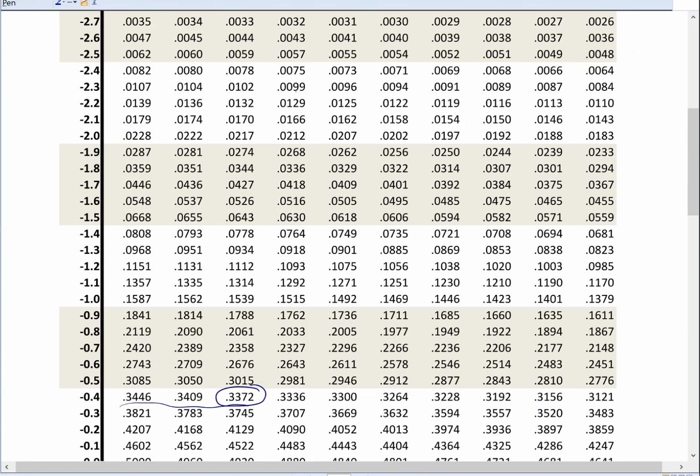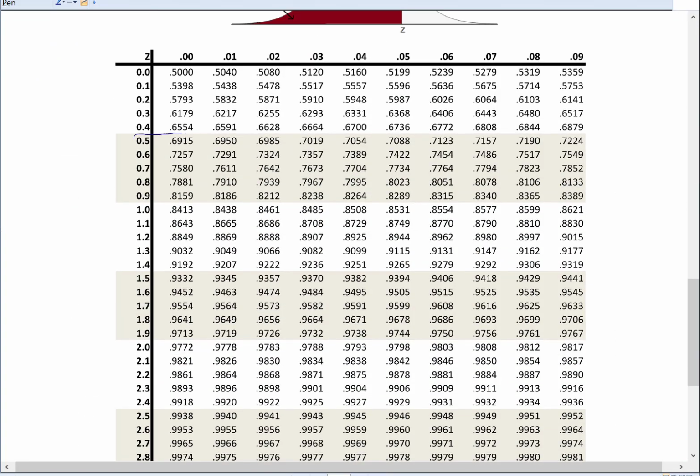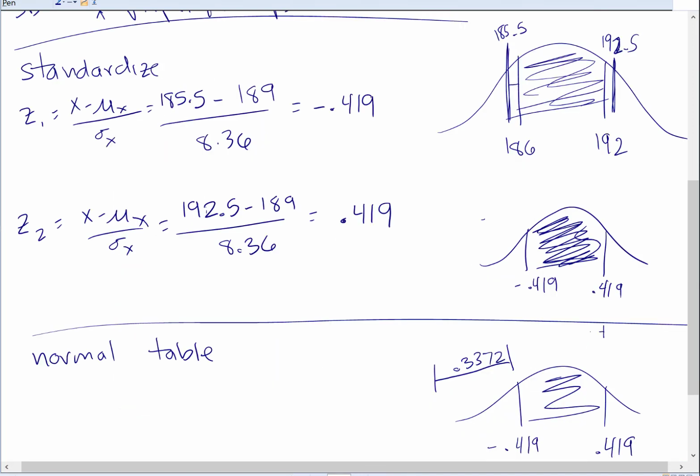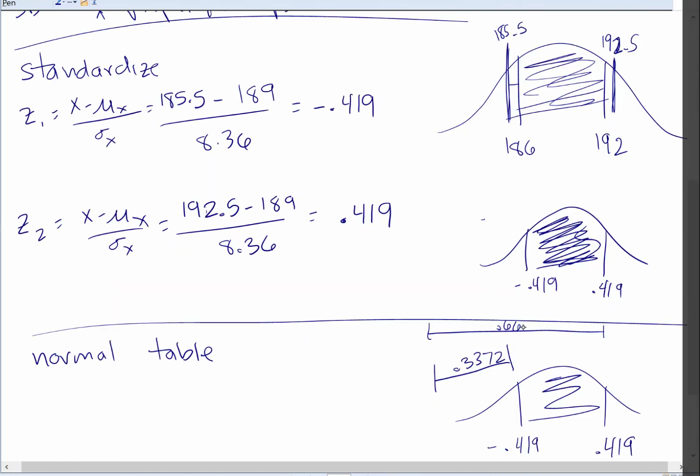Okay. Now look up your positive 0.419 on the next page. So 0.419, this would be the closest, 0.6628. So from here to here is 0.6628. Now to find the area in the middle, you just subtract that.